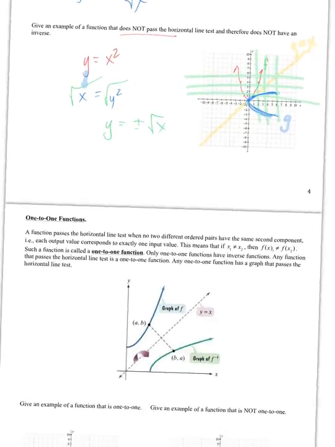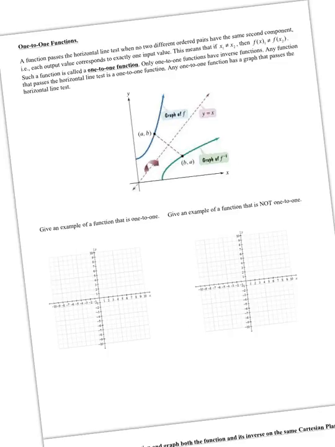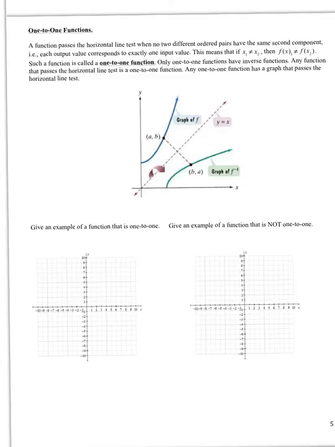Now, if I can continue, I would like to introduce some very special functions. Very special functions are known as one-to-one functions. Now, one-to-one functions are functions that pass the horizontal line test as well as the vertical line test.